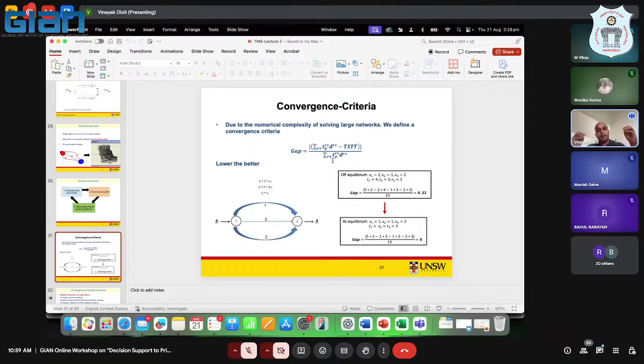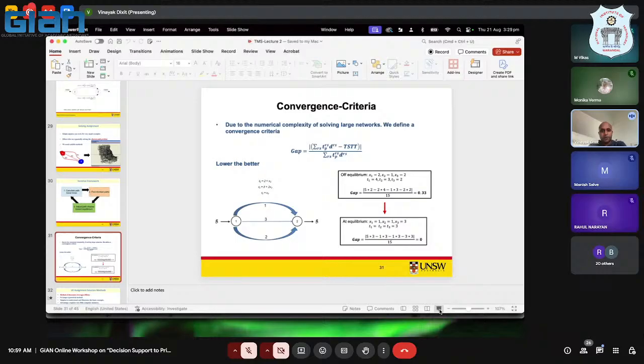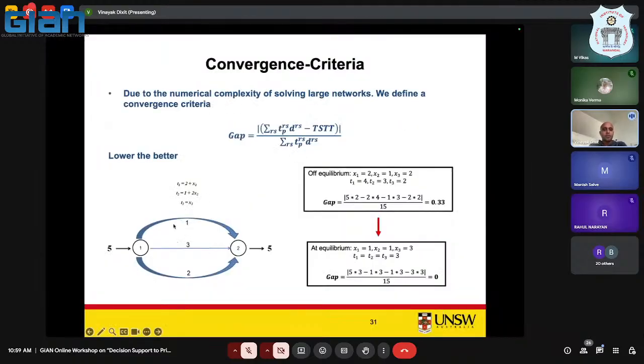If every vehicle is taking the shortest possible path and cannot improve, this should come down to 0, right? So let's take this example itself. There are 5 vehicles going from 1 to 2, and you have x1, x2, x3, right? The travel time on this is 2 plus x1. This one is 1 plus 2 x2, and T3 is x3.